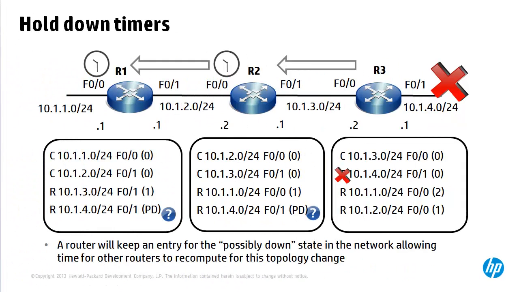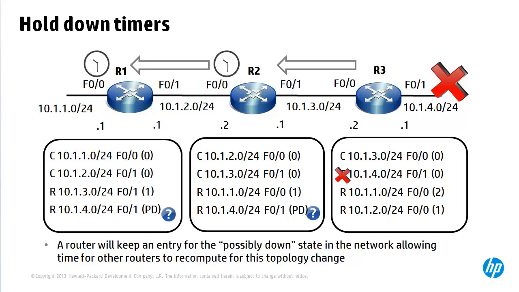Whereas triggered updates allow for quicker convergence, hold down timers introduce the concept of not trusting updates for a period of time, which helps reduce the acceptance of bad routing information. Hold down timers can be used to prevent regular update messages from inappropriately reinstating a route that may have gone bad.